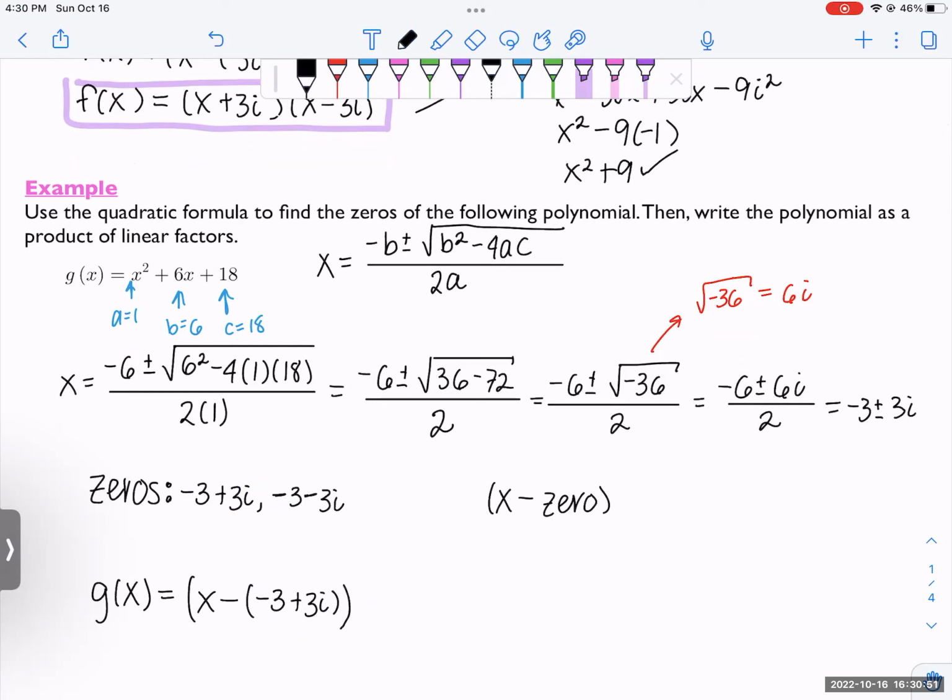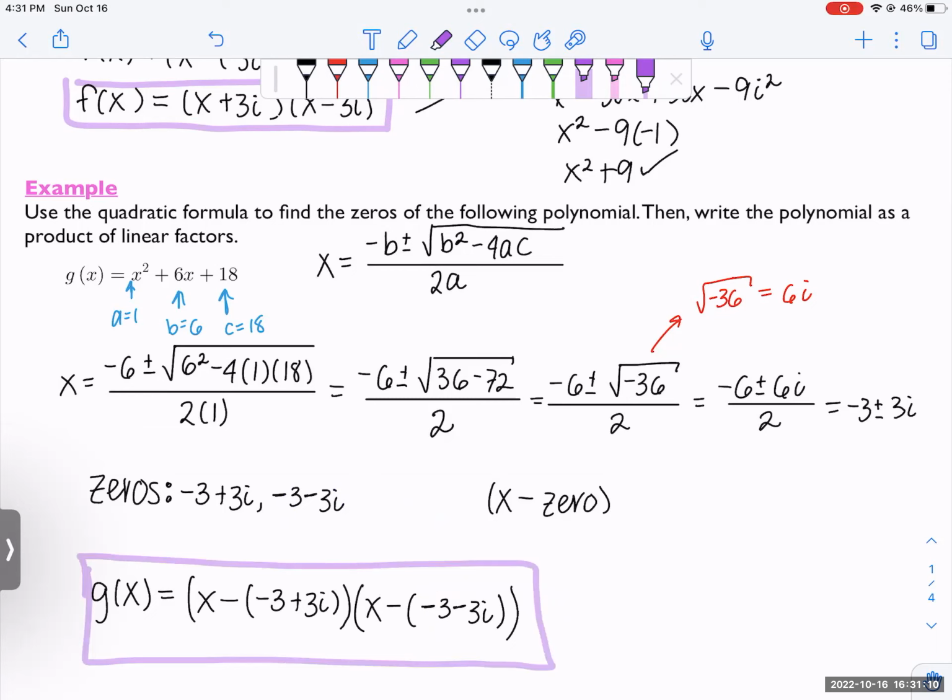That's one factor, times x minus, I'll put parentheses again, the other. And that's literally your final answer. Even if your answer ended up messier with radicals and stuff, it wouldn't matter. With anyone where you have imaginary roots or zeros, you're going to have something that looks messy like this.